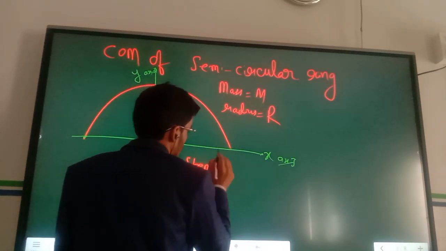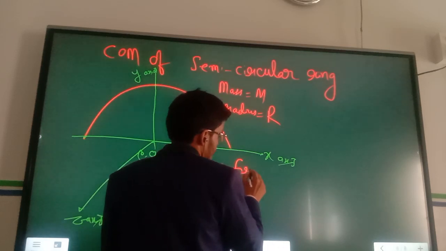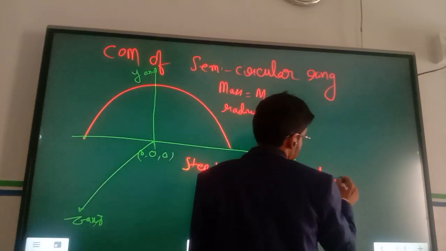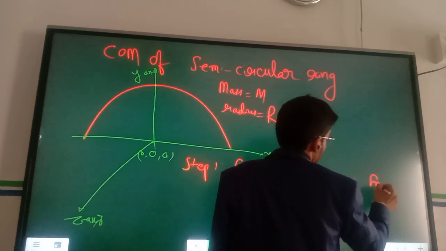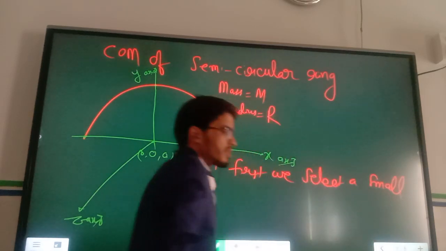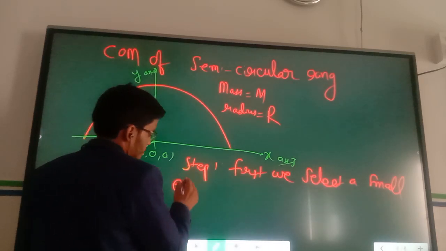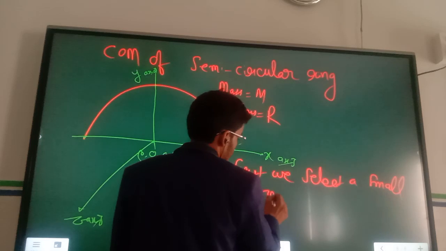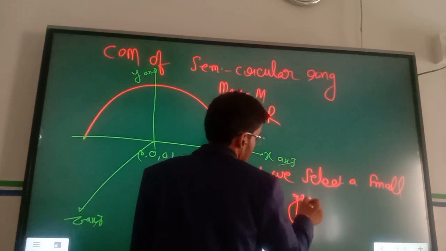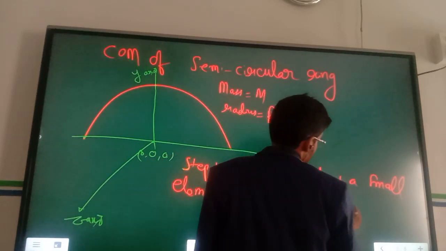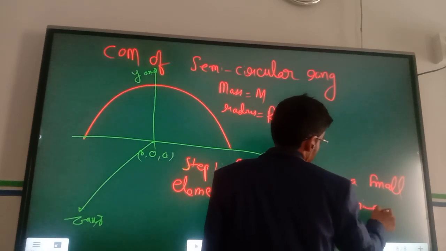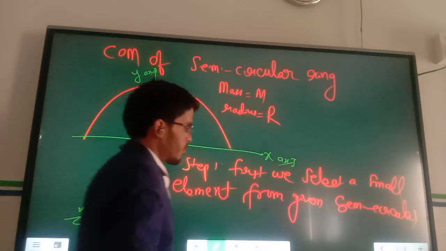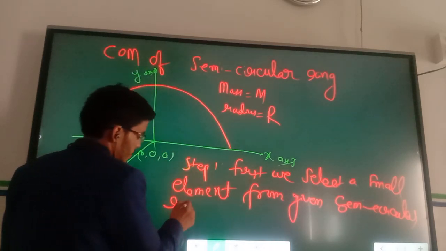Okay, so step 1: first we select a small element from the given semicircular ring. Okay, first we select a small element from the given semicircular ring.